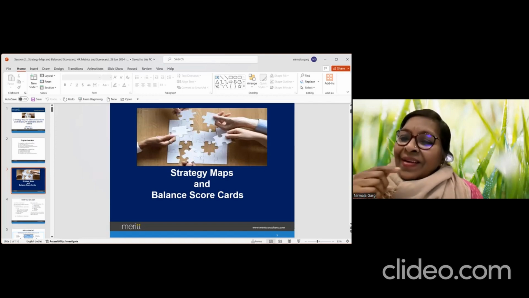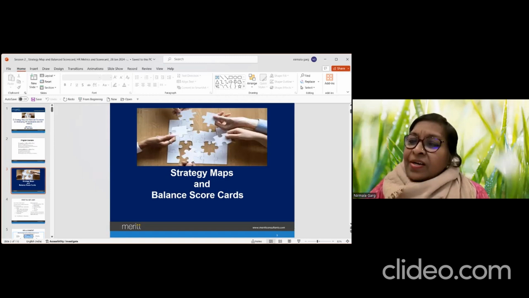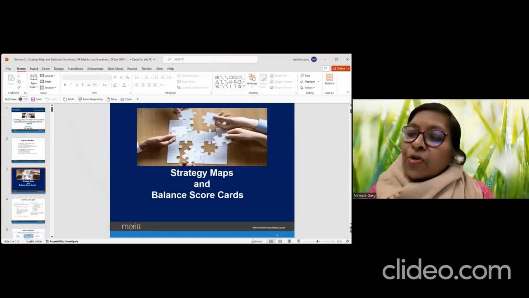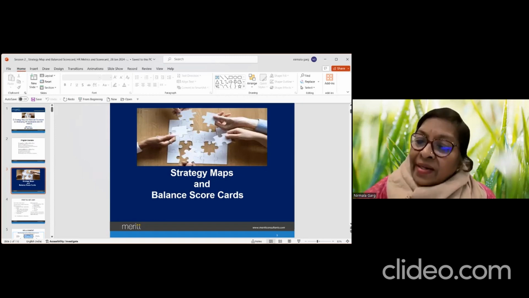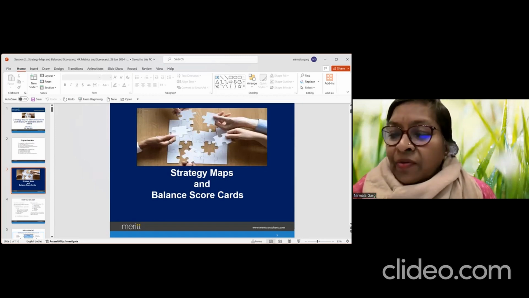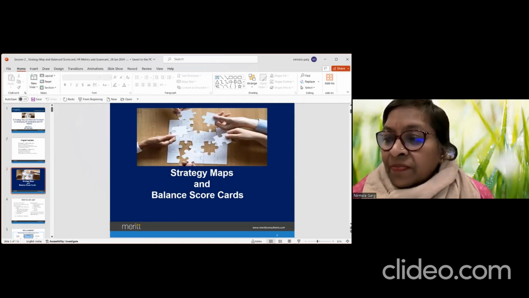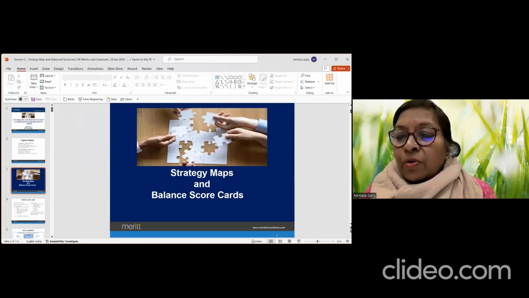So how do you know? By using the balance scorecard and cascading it down to the HR scorecard and HR metrics, you will be able to link or connect with your business. Is it very clear how important this tool is? Just show me a thumbs up.